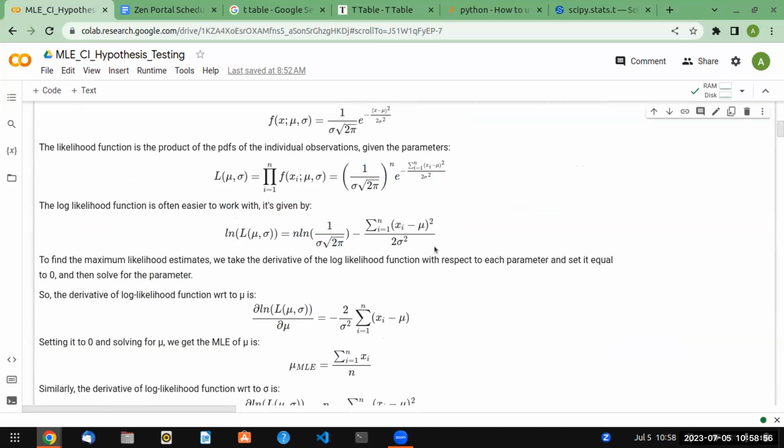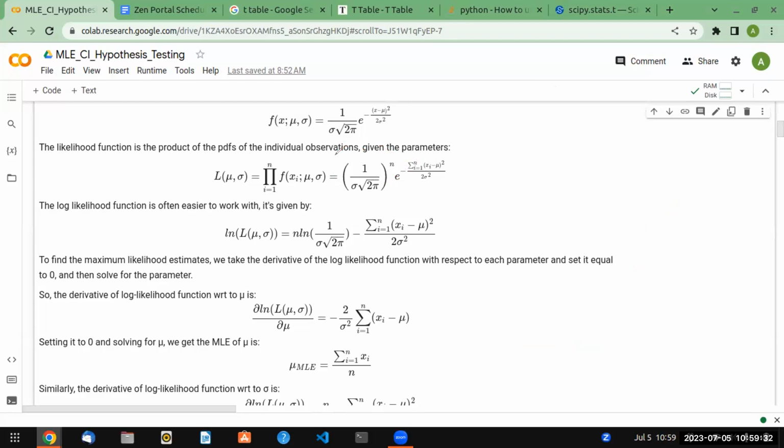Which log formula is it using? First one, log a to the power b becomes b log a. And log e to the power x becomes x. Another concept: this is a, this is b.